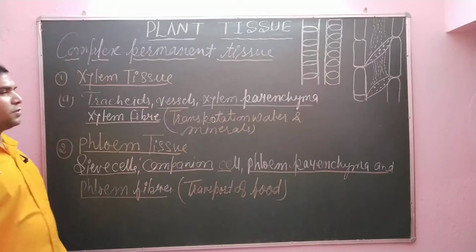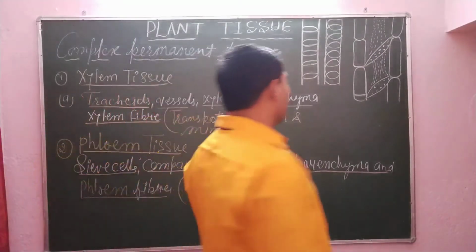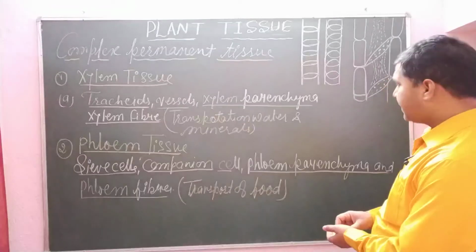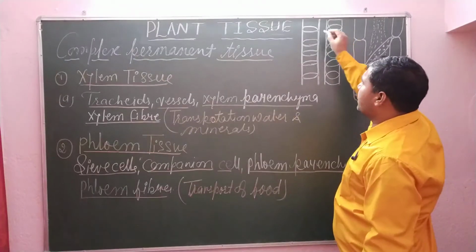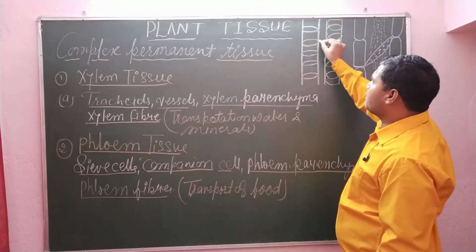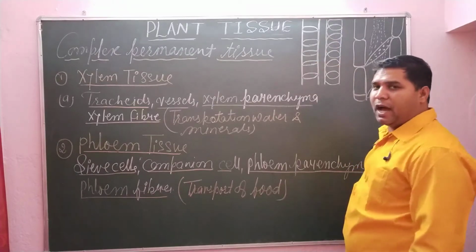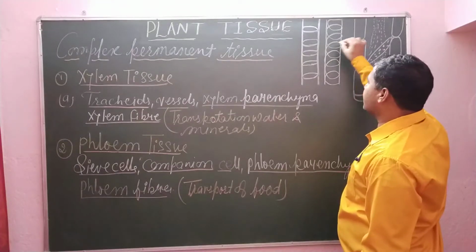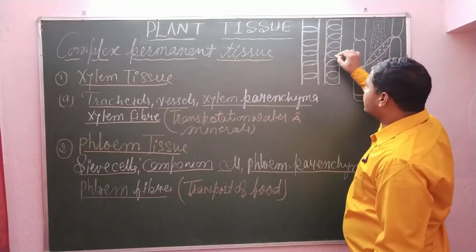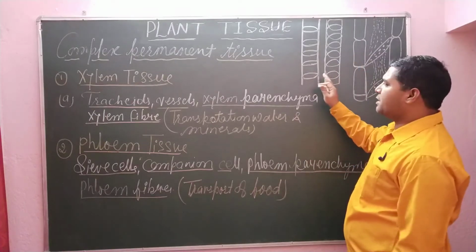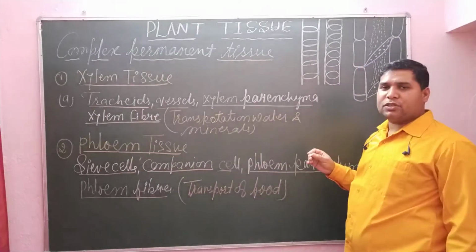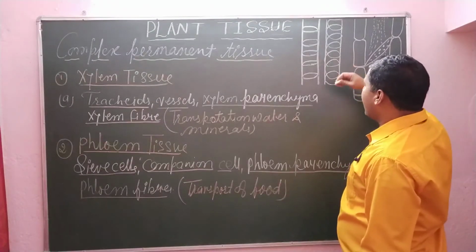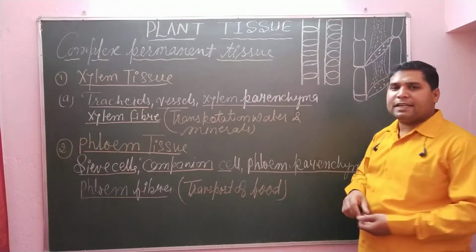Dear student, let us understand with the help of a diagram the function of xylem tissue and phloem tissue. Dear students, see this diagram. Here you see a ring type of structure is being made. This is the structure of the xylem tissue. By these rings only we can identify whether it is the xylem tissue or the phloem tissue. The rings are in a turning way, and due to this turning it creates a pressure.